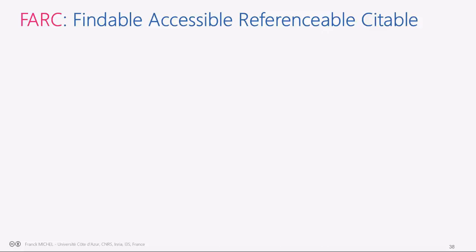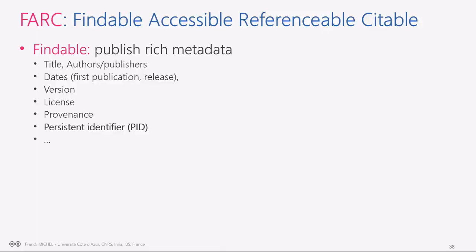So let's go through these four terms. The findability: this is going to be the same thing as for data. Findability is a property that you can reach by providing rich metadata. Which metadata? Of course, the title, the authors, publication and release dates, the version, the license, which is very important, and the provenance information, if any.